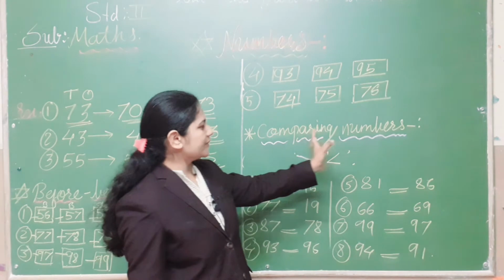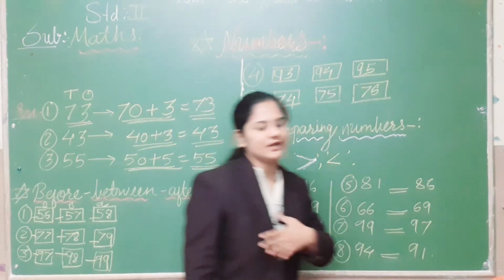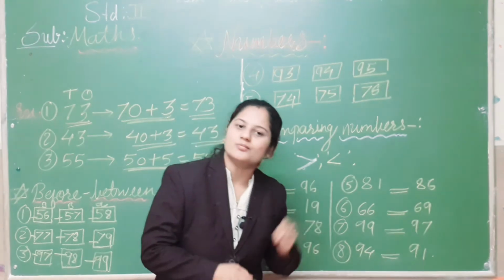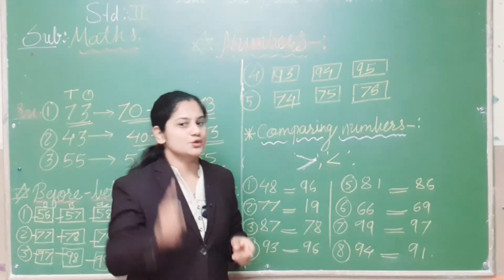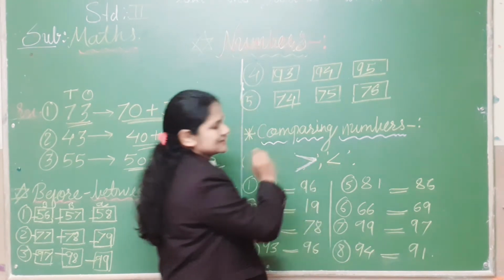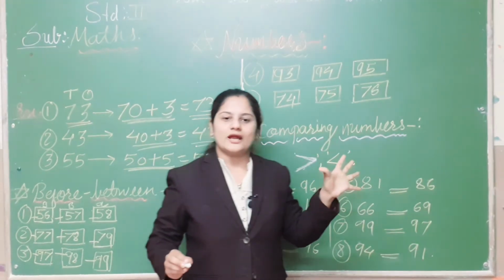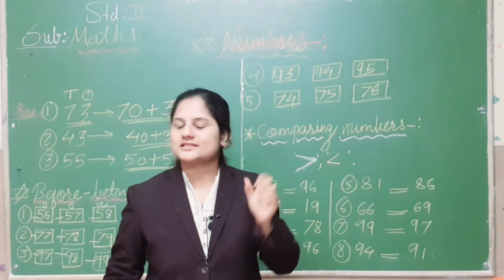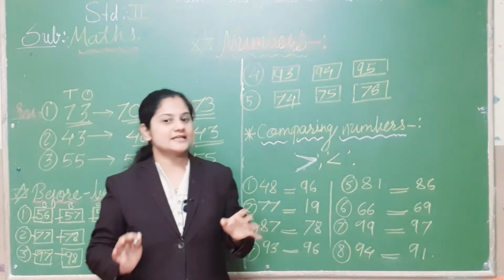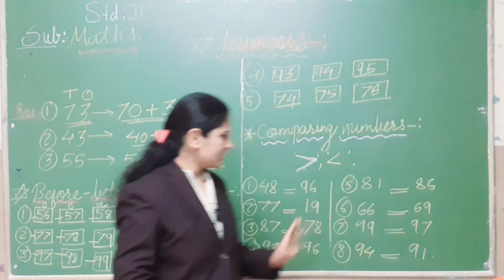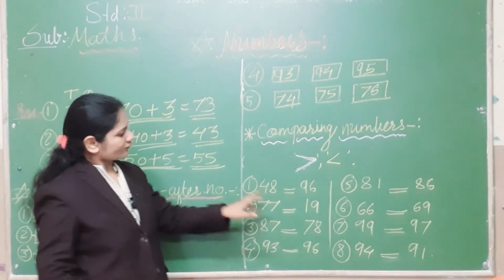We compare numbers by showing the greater and the smaller, and to show that we use the symbol. This simple symbol, the open arrow, indicates the greater number and the closed arrow indicates the smaller number. Got it, students? Now see the examples.